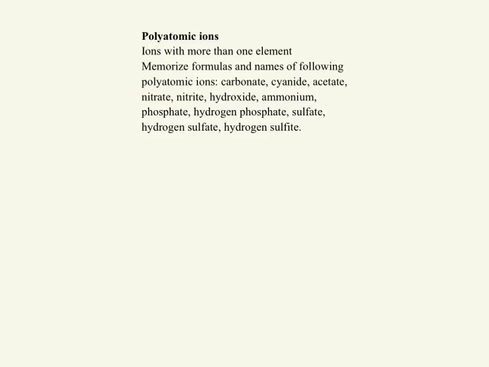Now the polyatomic ions. These are, as the name says, ions with more than one element. For example, let's look at the first one, carbonate. The carbonate ion is CO3 with a 2 negative charge, and this charge is on the whole CO3. So if the question is, what is the formula for magnesium carbonate?